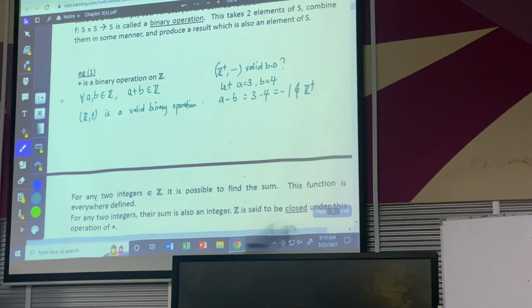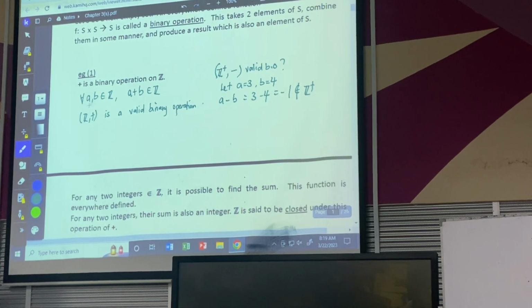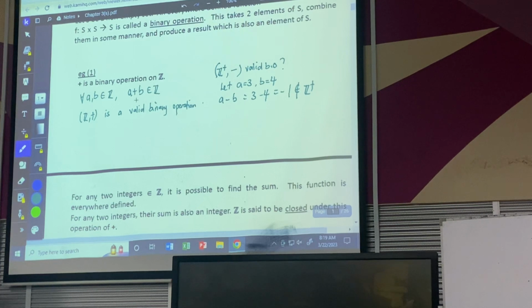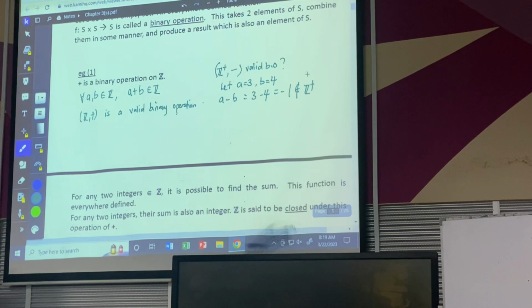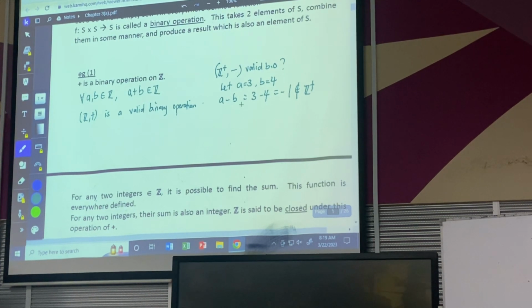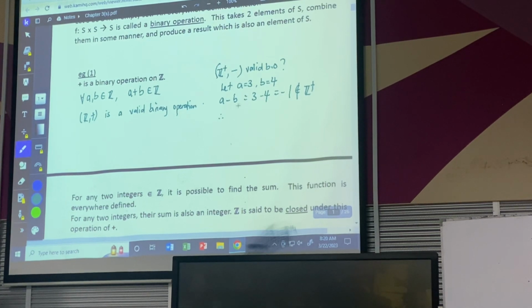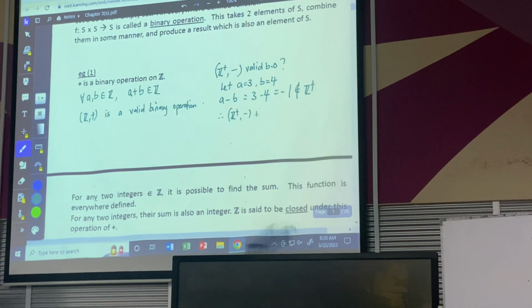So if it is true for all, you need to use the universal quantifier to represent any integers A and B, and the answer also belongs to the integers. For the positive integers with minus, it is not valid because when you subtract, it is possible to get a negative answer, which no longer belongs to the positive integers. So our conclusion is that minus on the set of positive integers is not a valid binary operation.